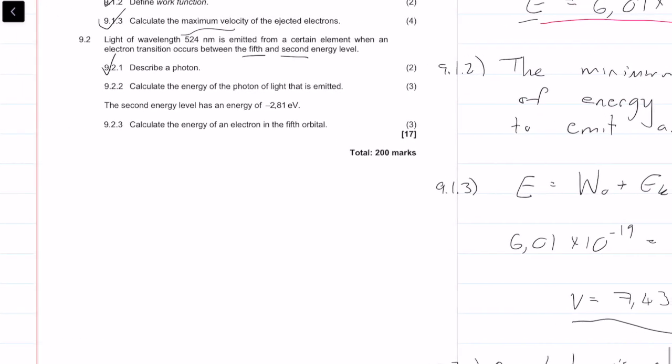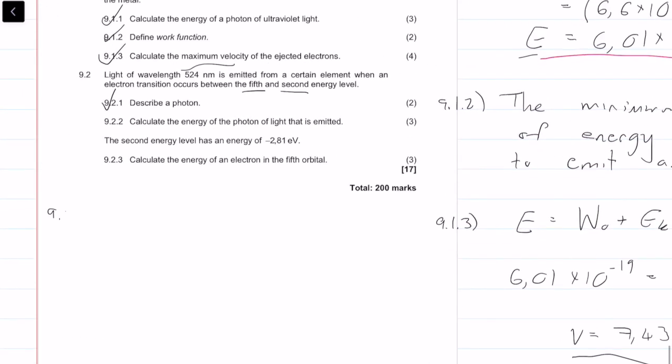Looking at question 9.2.2, calculate the energy of the photon of light that is emitted. We know that energy from our formula sheet is equal to hc over lambda.